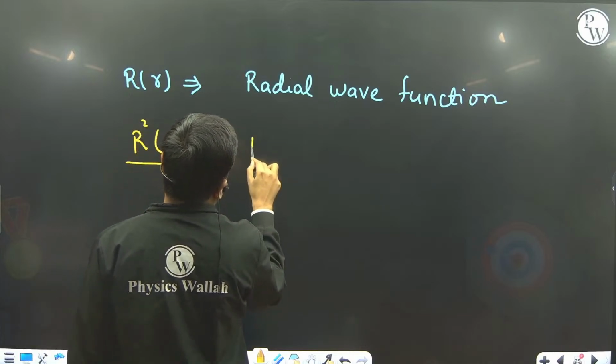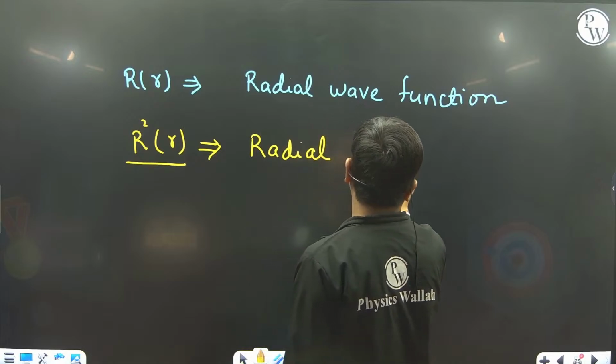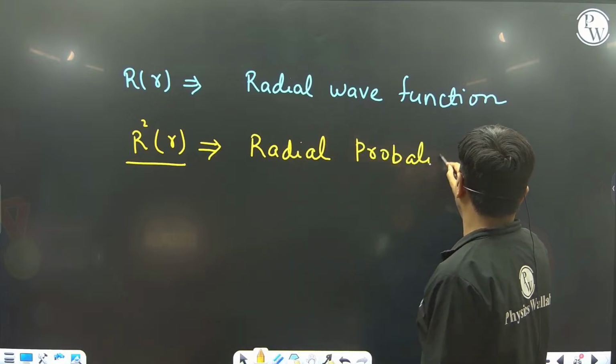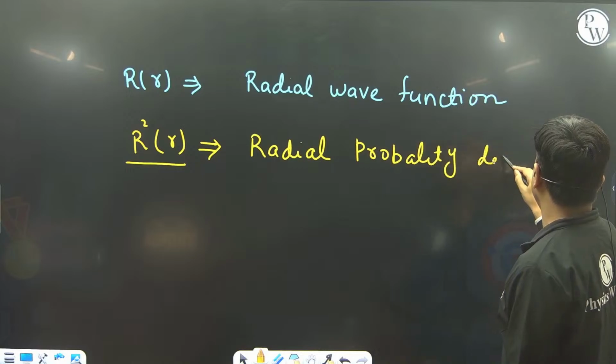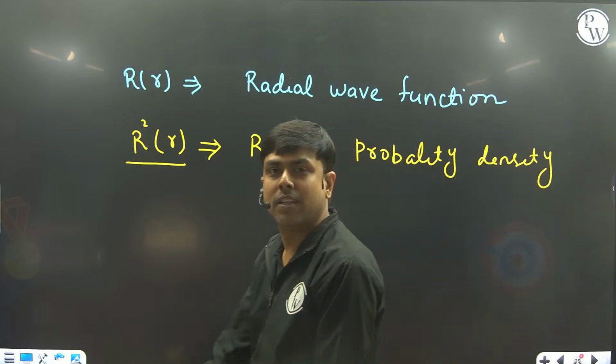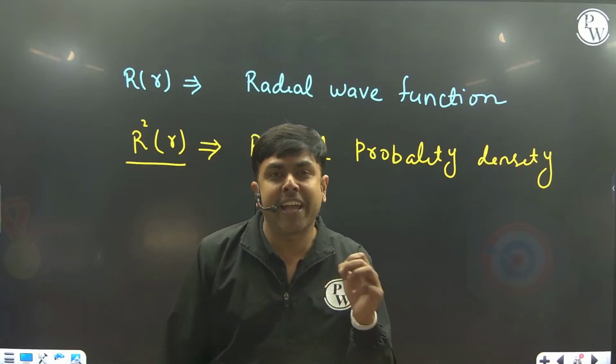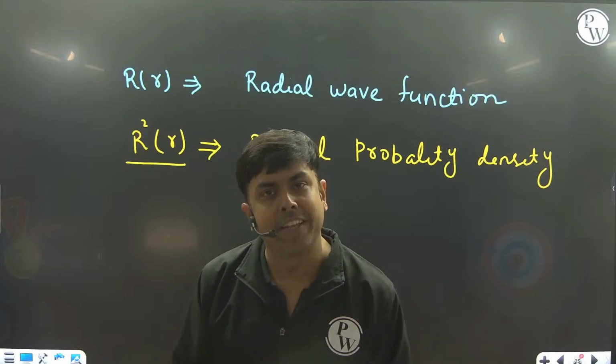Now, what is R square r? It is the radial probability density, the density of finding an electron at a point. Charge at a point is charge density; probability of finding anything at a point is probability density.